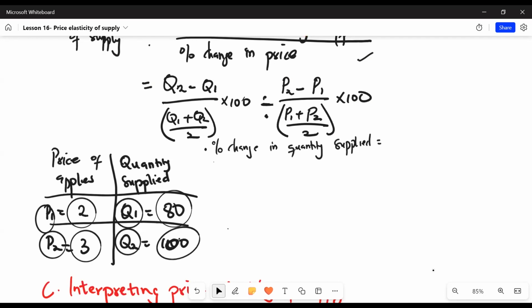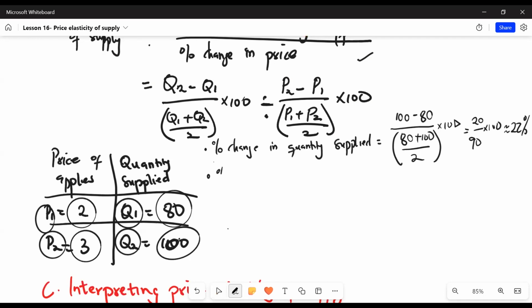So the percentage change in quantity supplied is Q2, which is 100, minus Q1, which is 80, divided by Q1, which is 80, plus Q2, which is 100, divided by 2, times 100. This gives us 20 over 90 times 100, which is approximately 22%.